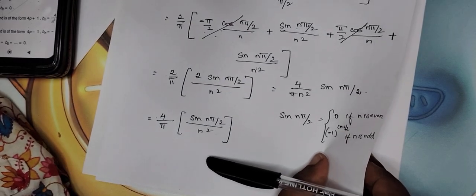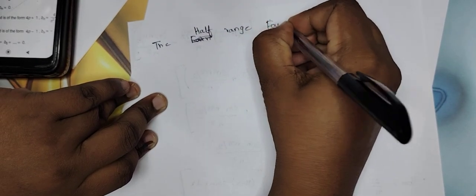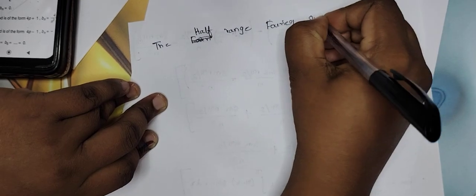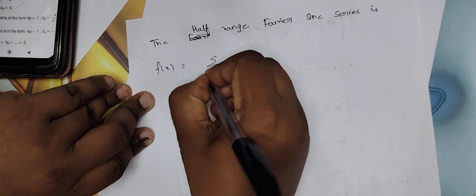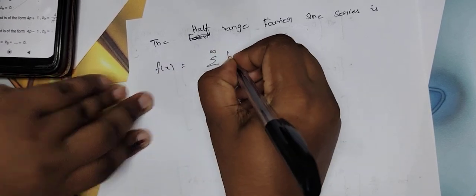Next, the half range Fourier sine series of the function is f(x) = Σ (n=1 to ∞) bn sin(nx).